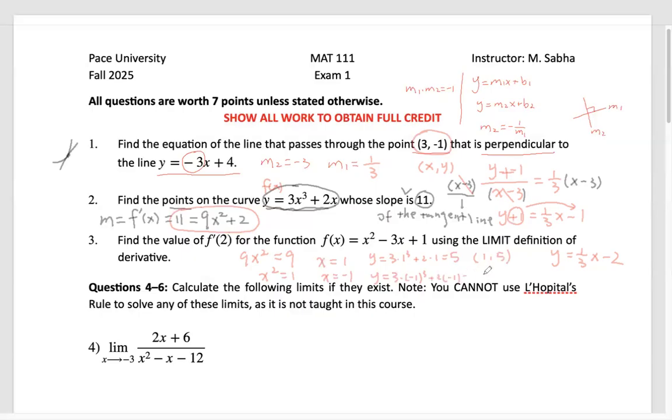We get negative 5. So we get (-1, -5). These two points should be our final answer: on the curve, the slope of the tangent line is 11 at these two points.